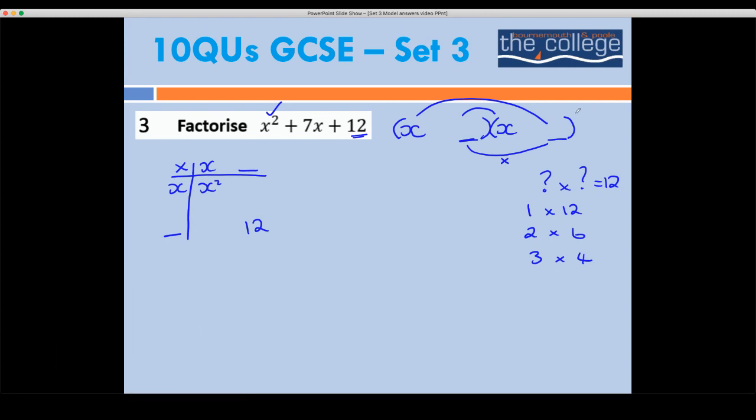Okay, so if we have this number times this number equals 12, we've got this number times x, which give you something x. And this number here times this x would give you something x. Now, when you tidy this up and write it all out, you'd have x squared, plus something x, plus the other something x plus 12.